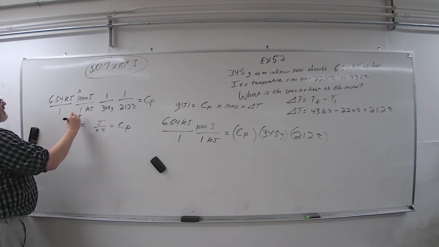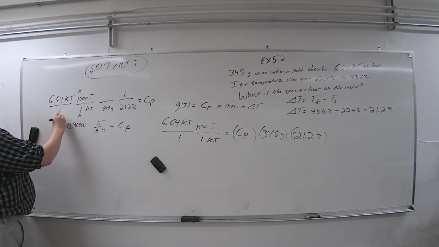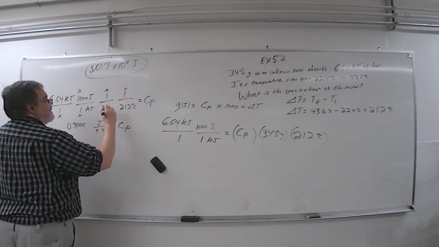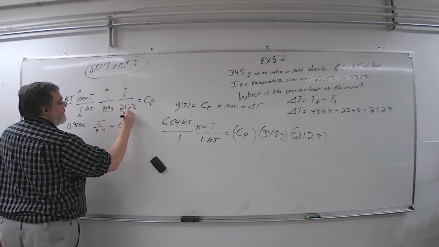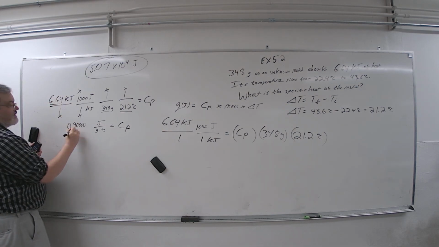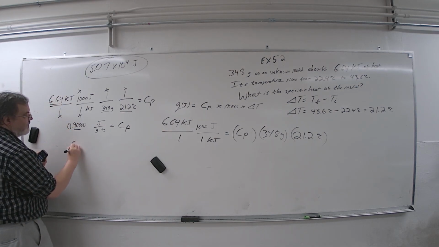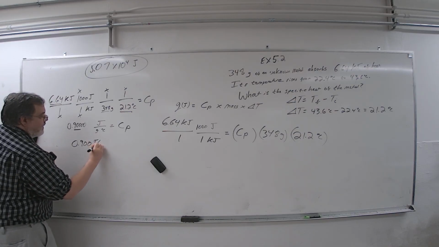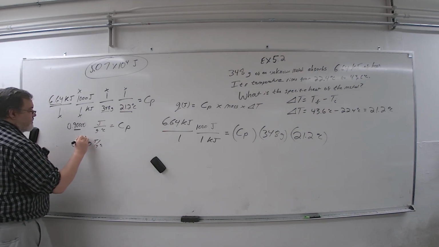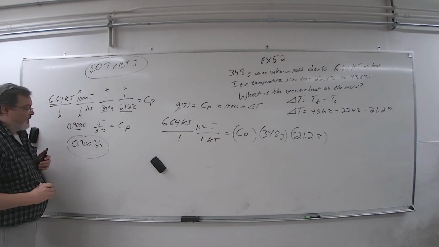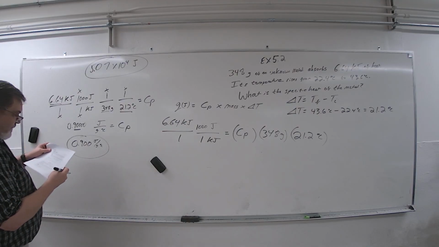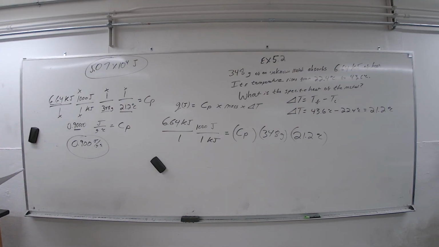This is metric to metric, so those are both exact. My little one there is exact. These ones are exact. So I've got three significant figures, 3 and 3, so I'm keeping those 3. So that would be an acceptable answer. They didn't do it in scientific notation.